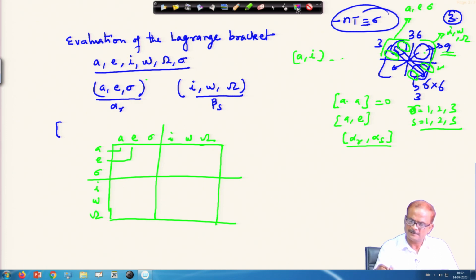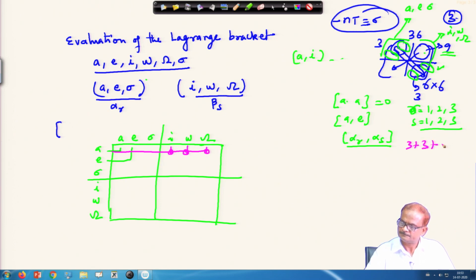In this place, related to this, you will get A I, then A omega and then A sigma. The terms will appear like this. So, a total of 3 plus 3, and here in this place 3 into 3 is 9. So, 9 plus 3 is 12, plus 3, total 15.